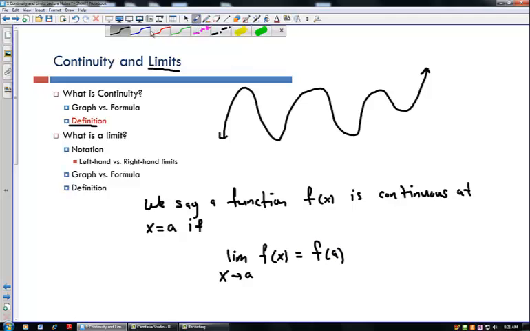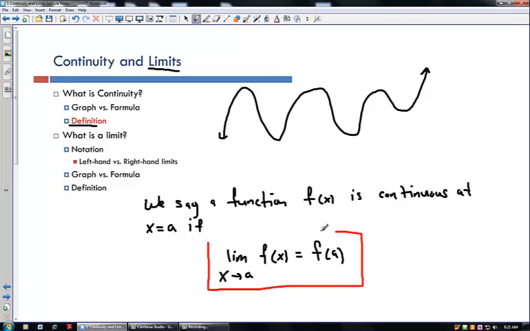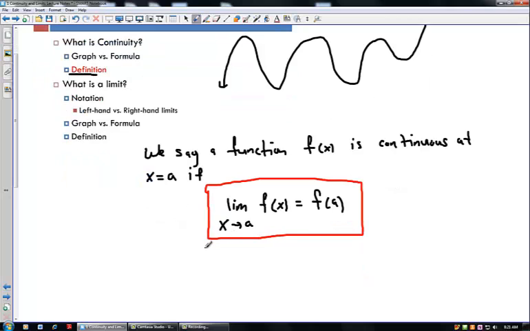So our goal for the next basically week is to try to understand in some sense what we mean by this idea, this notion of a limit. On the left-hand side you have what's called the limit, and let me write it out.